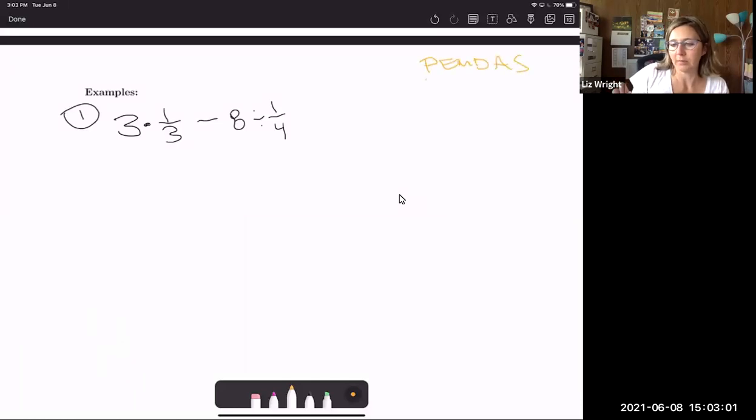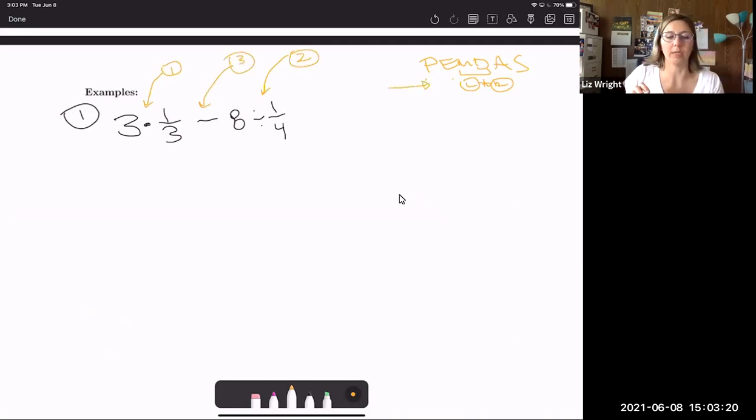There's no parentheses. There's no exponents. We do have multiplication and division, which go from left to right. So going from left to right, I'm going to multiply first, divide second, and then subtract third. That's our order going across here.